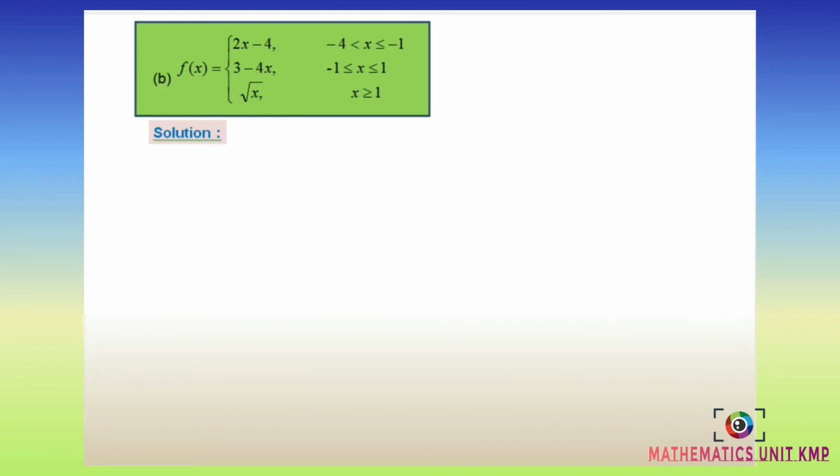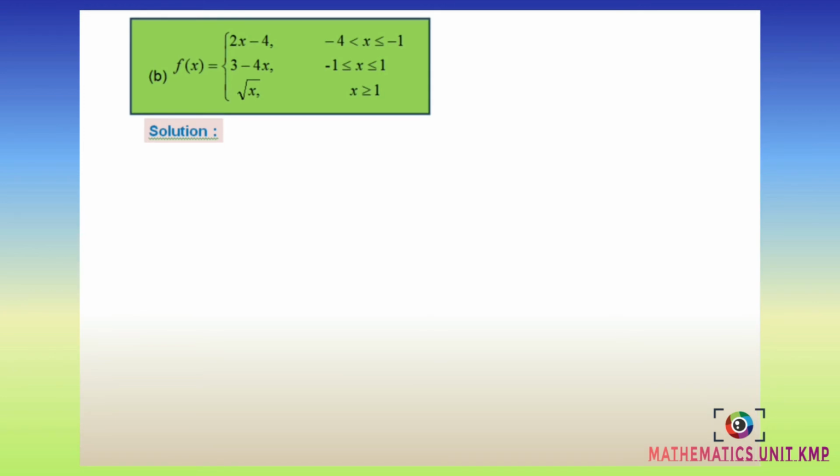For example B, we have three functions in a piecewise function. The first is 2x minus 4 for x greater than negative 4 and less than or equal to negative 1. Second, 3 minus 4x for x greater than or equal to negative 1 and less than or equal to 1. And the third is square root of x for x greater than or equal to 1.